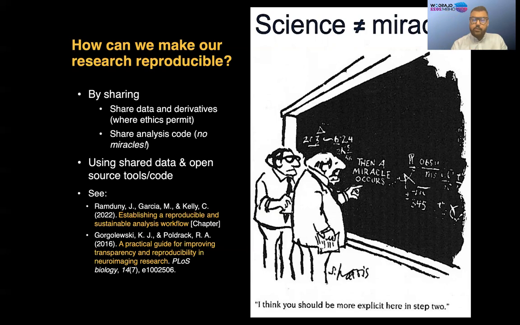Equally, by sharing your data, now there is a strong emphasis to share the code that you have written to do your analyses, because at the end of the day, we are doing science, and doing science is not doing miracles.